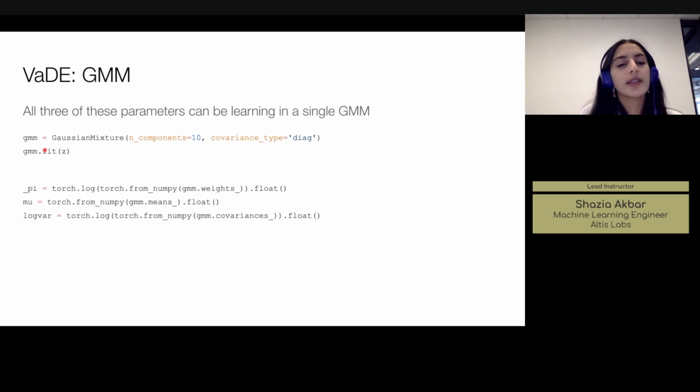All we have to do is take our encoder and decoder component, which has already been trained to a level, and take some of the encodings from that neural network and push them through our Gaussian mixture model. Here we've defined the number of unit Gaussians, and you can define other parameters as well. But then all of the terms that you need come from that single Gaussian mixture model. These are all shown here, so you can reuse this in your code in order to get these variables.